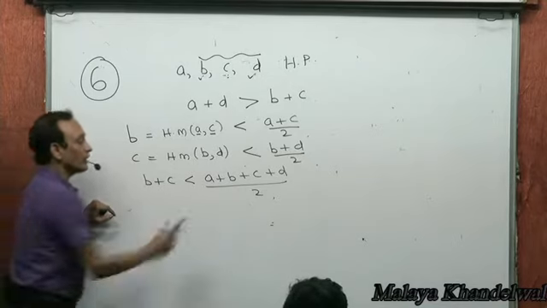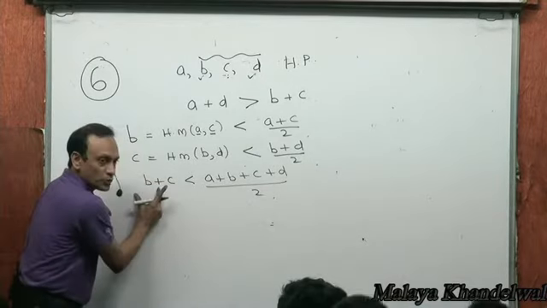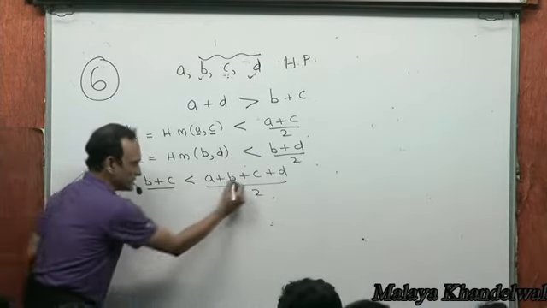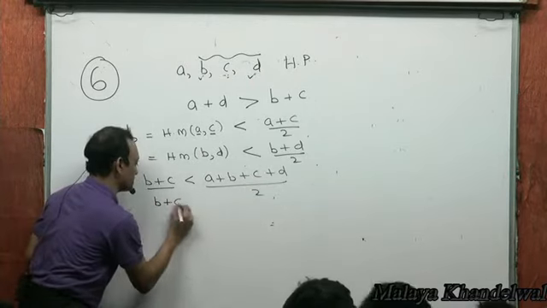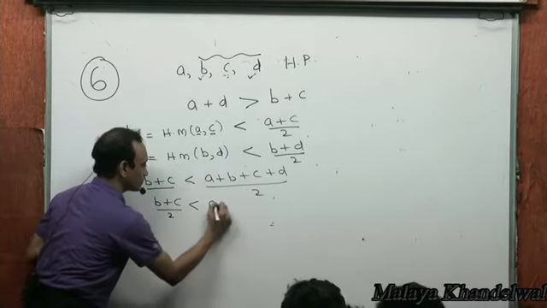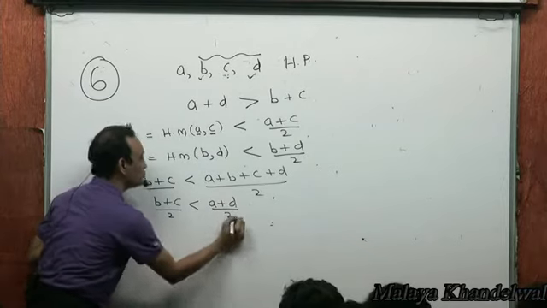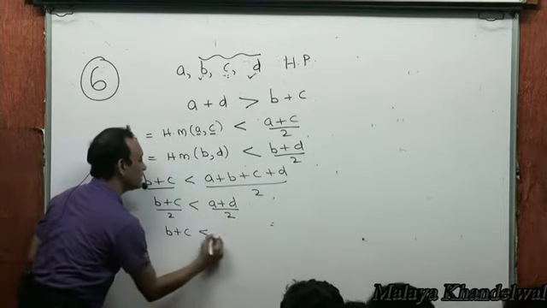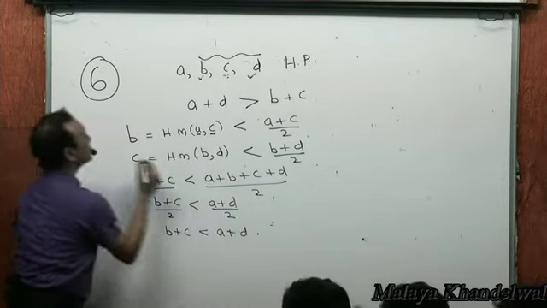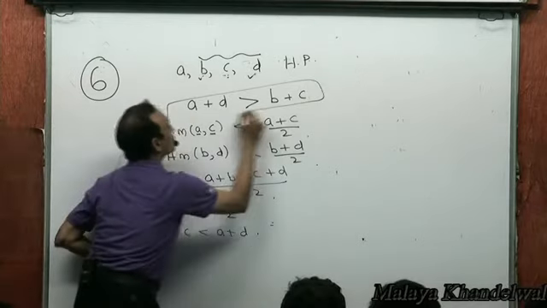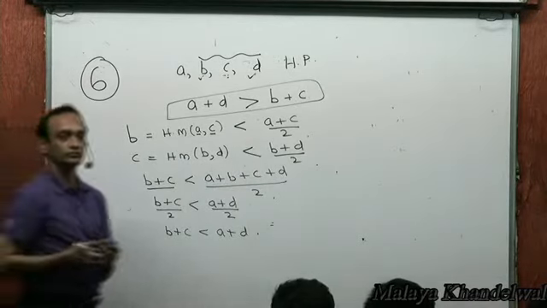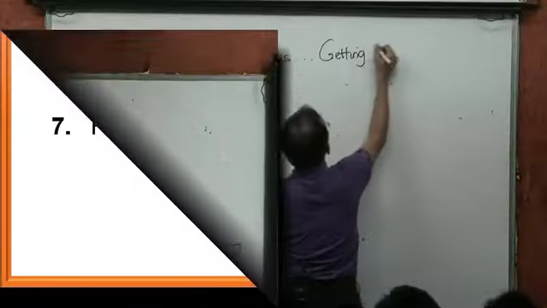Transposing B plus C by 2 to the left-hand side, B plus C by 2 is less than A plus D by 2. So B plus C is less than A plus D, which is what we set out to prove.